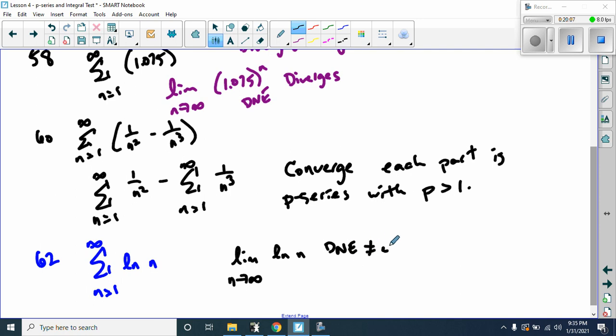It's just not equal to 0. The only time that it can converge is if the limit as n goes to infinity of the sequence is 0. It has to be 0 to converge. Just because it's 0 doesn't mean it does converge, but if it's anything but 0, then the series diverges. And again, that is called the nth term test for divergence.